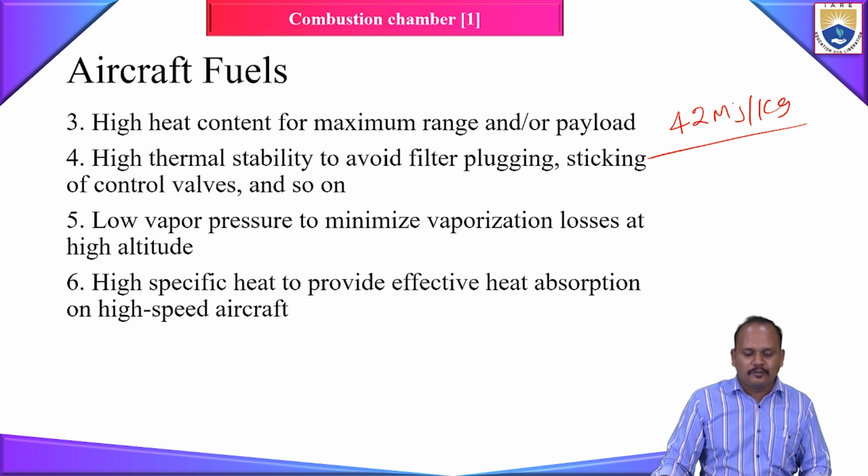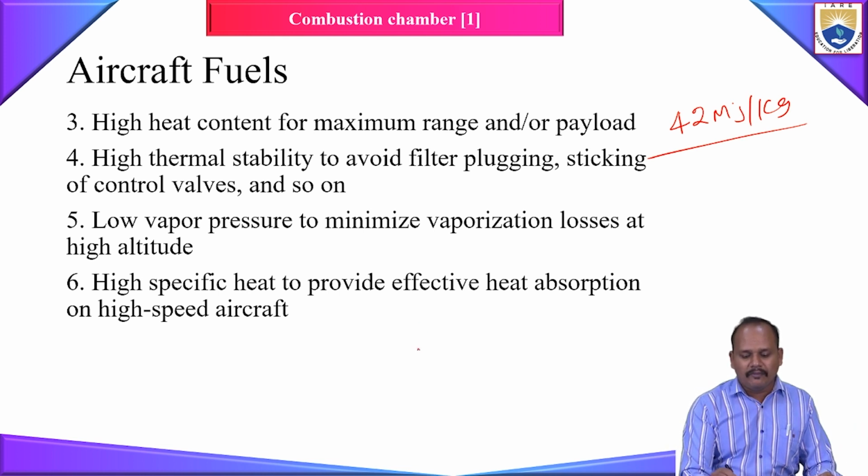Next is high specific heat. That is, the CP value should be very high in order to absorb the heat. For air, the specific heat CP is 1.005 kilojoules per kilogram Kelvin, whereas for conventional aviation fuels at 130 degrees Celsius, it is 2.43 kilojoules per kilogram Kelvin.